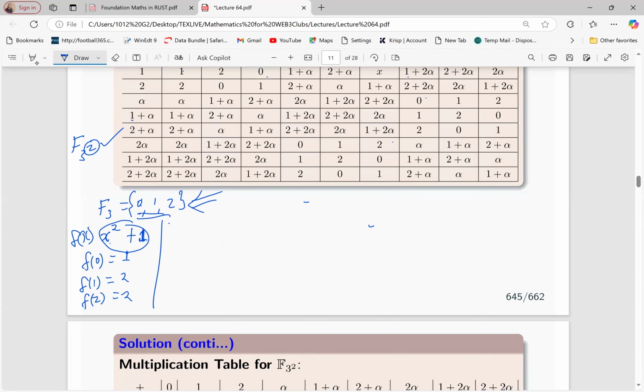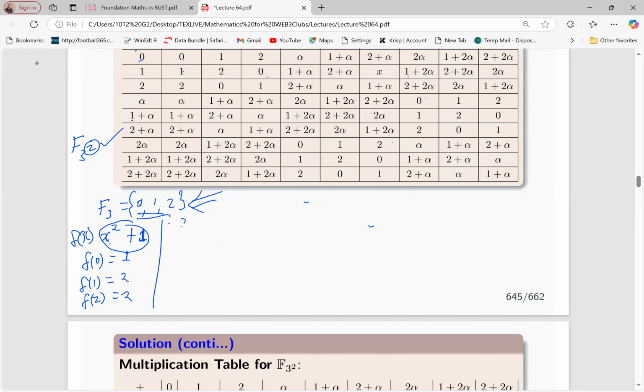One could come up with another polynomial. What about if you try x squared plus 2? This is not irreducible, because let's try x to be 1. If x is 1, what you come up with will be 1 plus 2, which is 0.